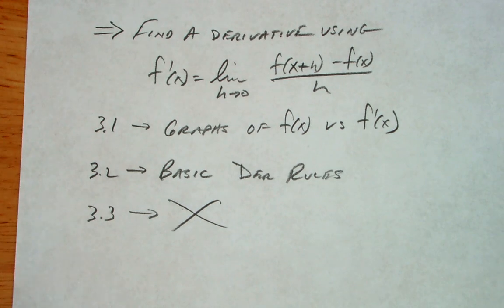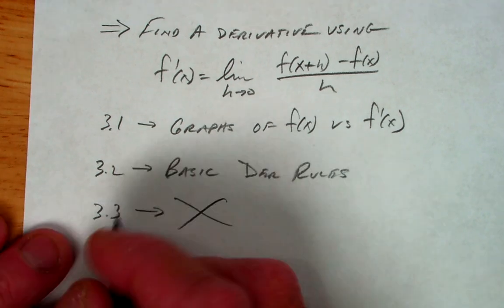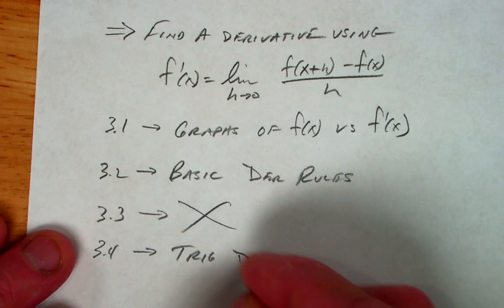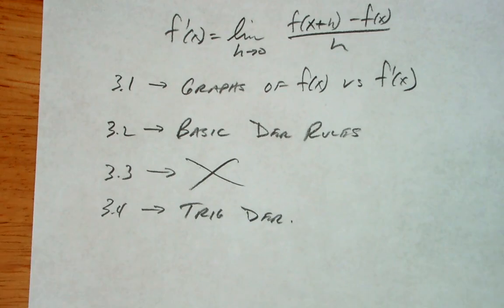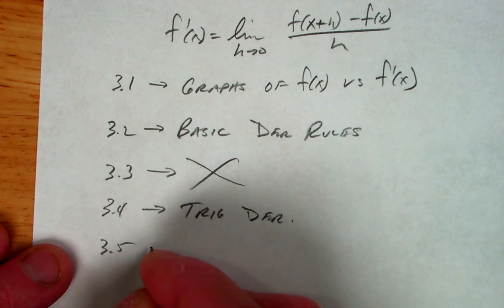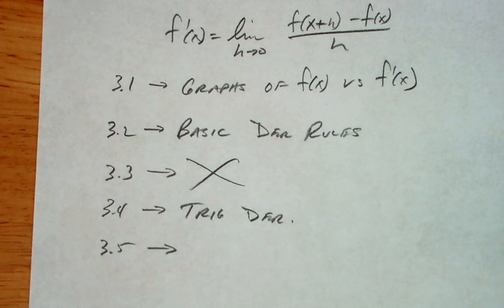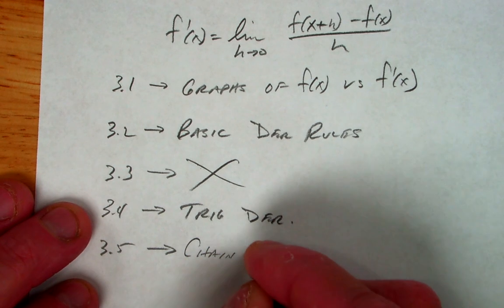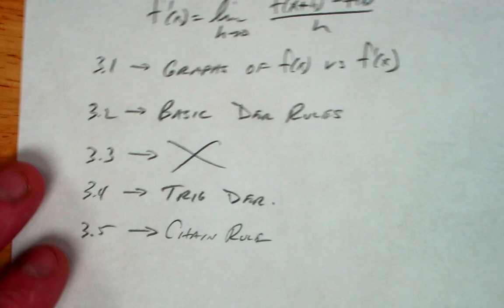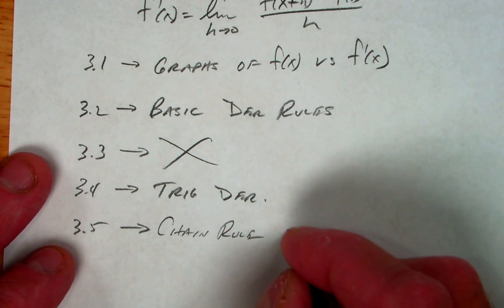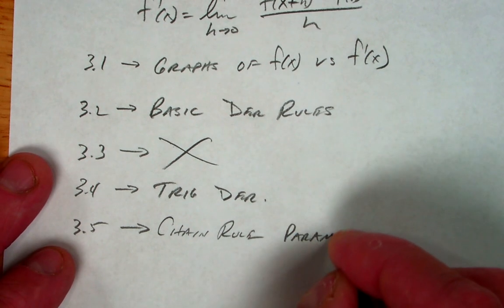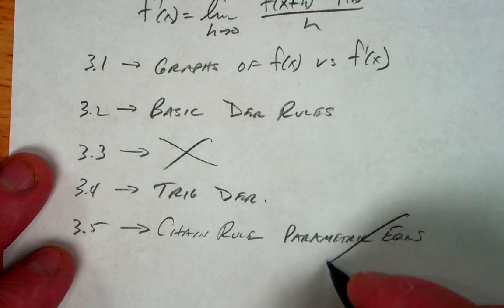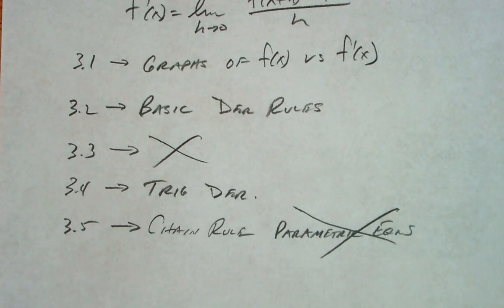Only 4 sections instead of 5. 3.4 trig derivatives. And 3.5 was chain rule. And that section also talks about parametric equations, and we're not doing that for right now either.